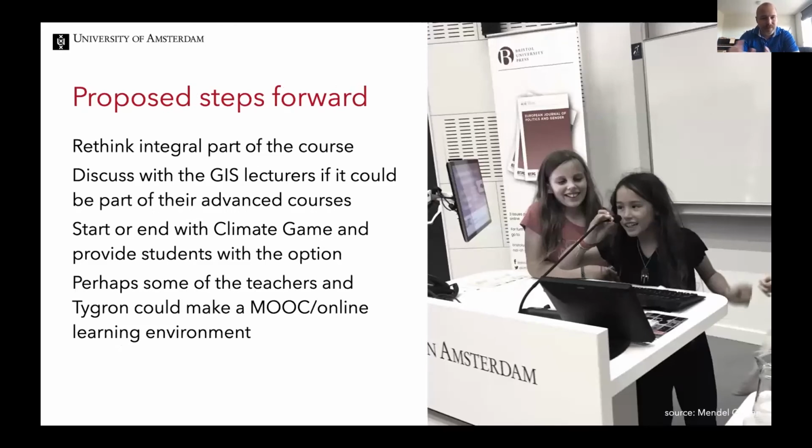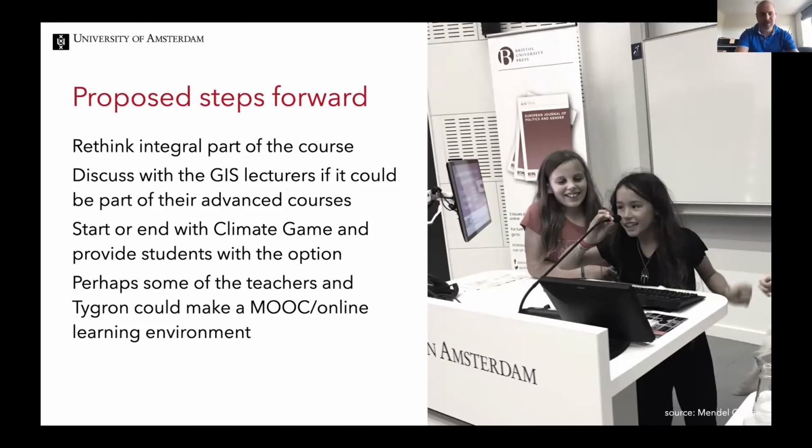So going forward, we're thinking of maybe whether we should have it as an integral part of the course, or whether it would be better to move it more in the direction of the GIS courses we also teach, because those are courses focused on the technical aspects of using software.